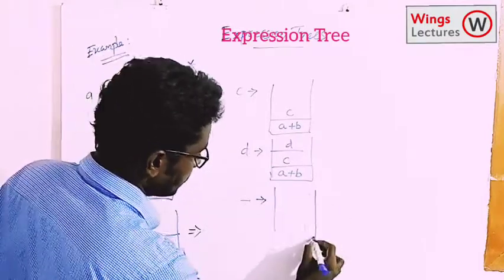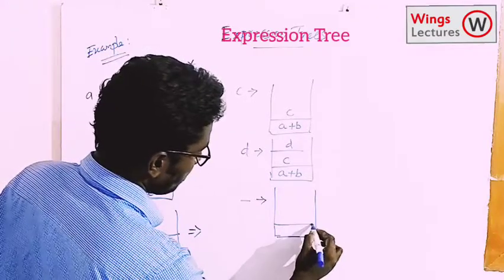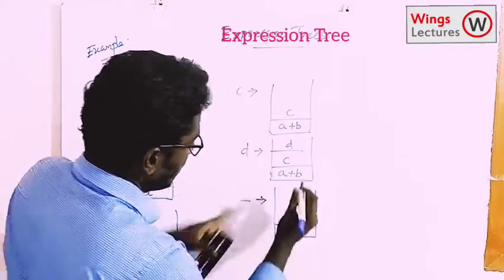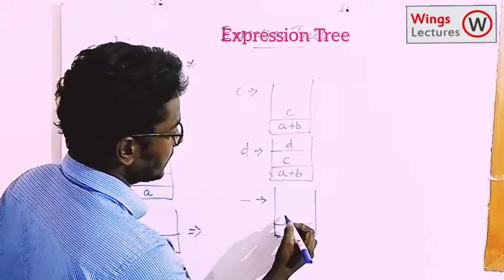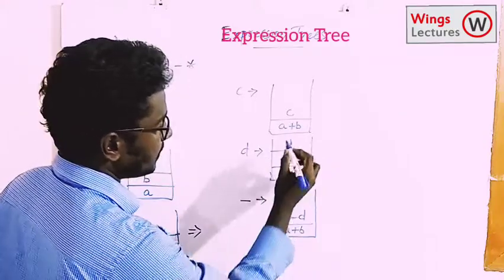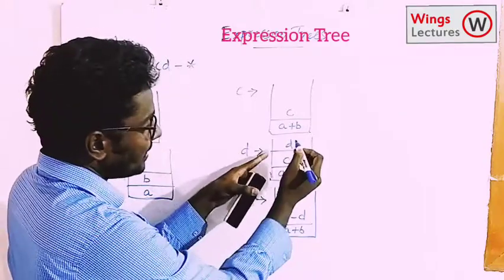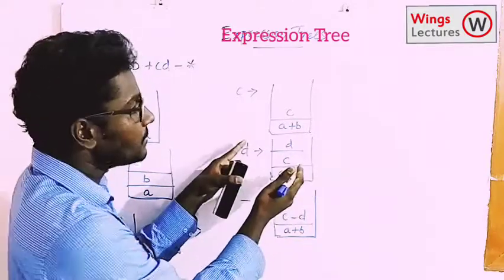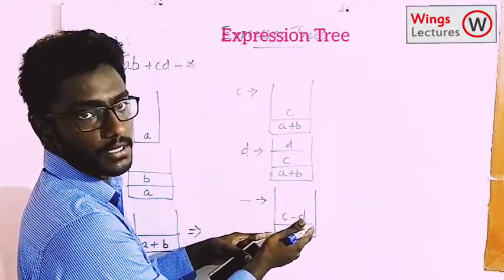By using the same rule, it will become C minus D, right? So I have taken the last two elements from the stack, and then I have applied the operation here.